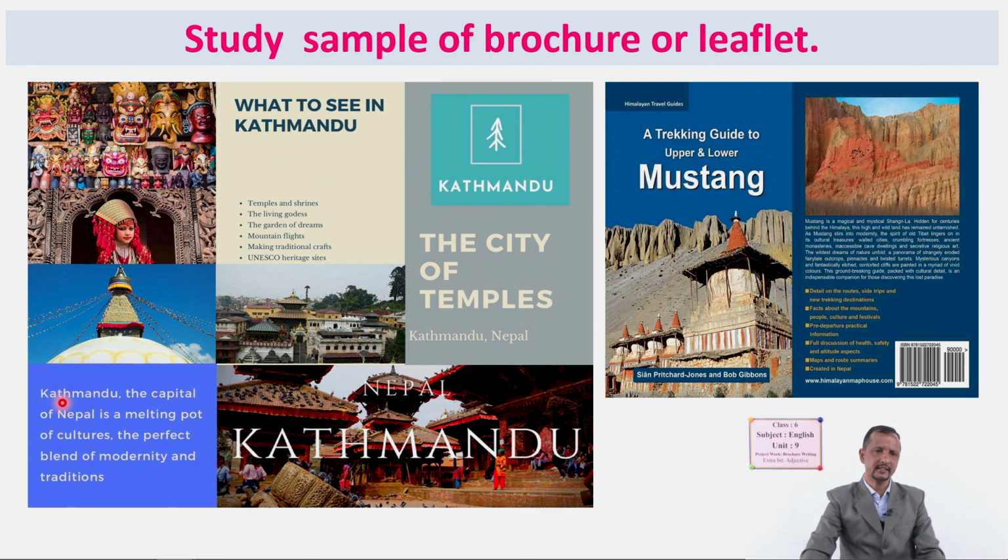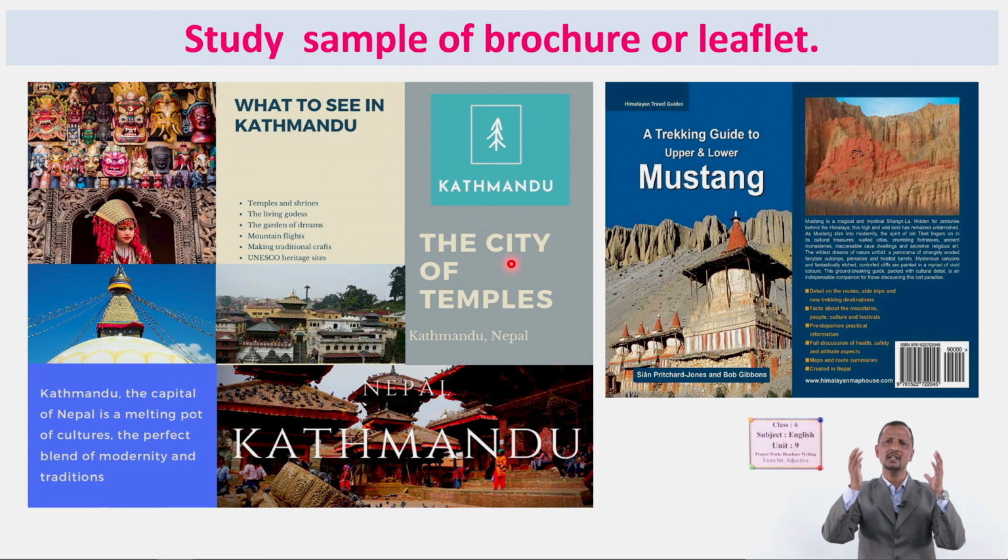And here is written: Kathmandu, the capital of Nepal, is a melting pot of cultures, the perfect range of modernity and tradition. And here is what to see in Kathmandu. Can you read it out? Some pictures are given over here, and the pictures here. Again here, let's see Nepal, the Kathmandu.